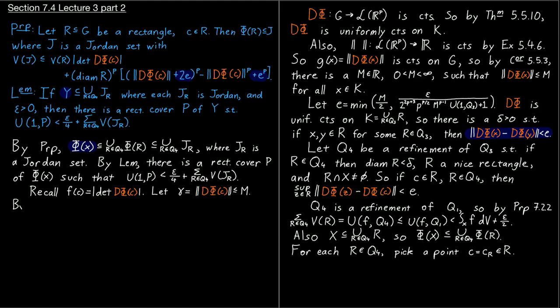And by the proposition, the volume of our Jordan set J_R is less than or equal to the volume of R times F of C plus the diameter of R to the pth power, and then we've got our (gamma plus 2e) to the p minus gamma to the p plus e to the p.